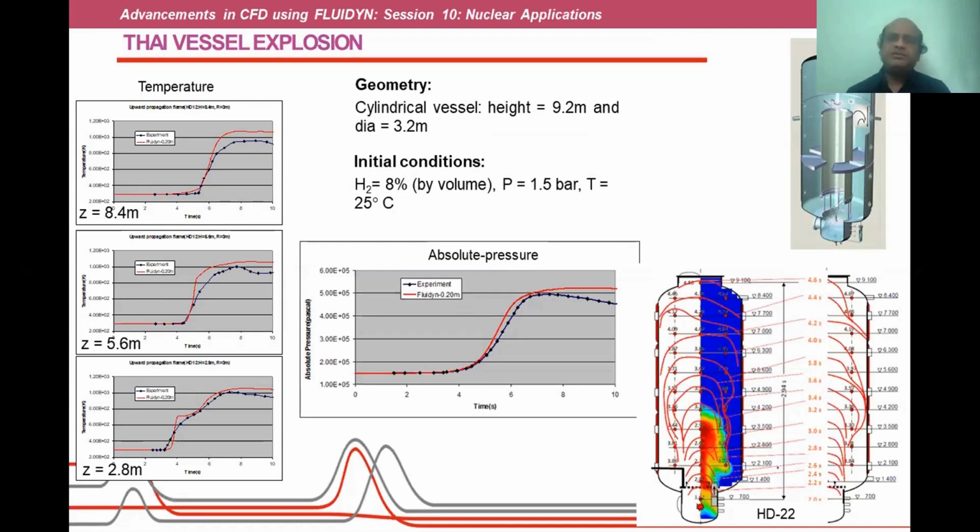The picture here on the right hand side bottom of the animation shows the result of such a simulation. So in this vessel, the hydrogen is filled at a certain concentration, like 8% by volume, which is within the flammable limits of hydrogen, and then it is ignited at the bottom, and this animation shows the flame propagation.